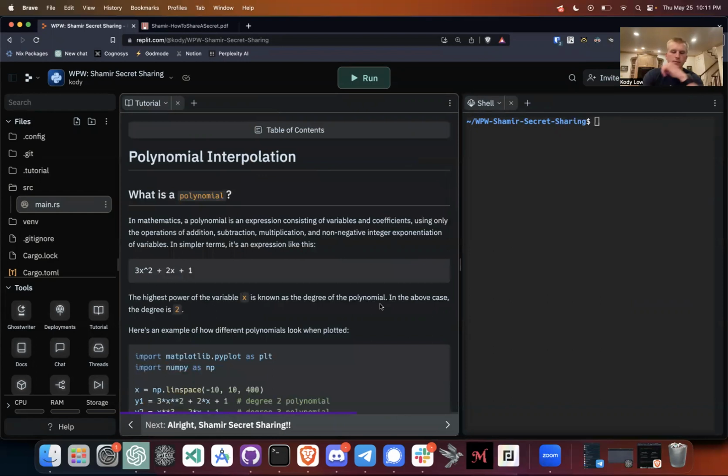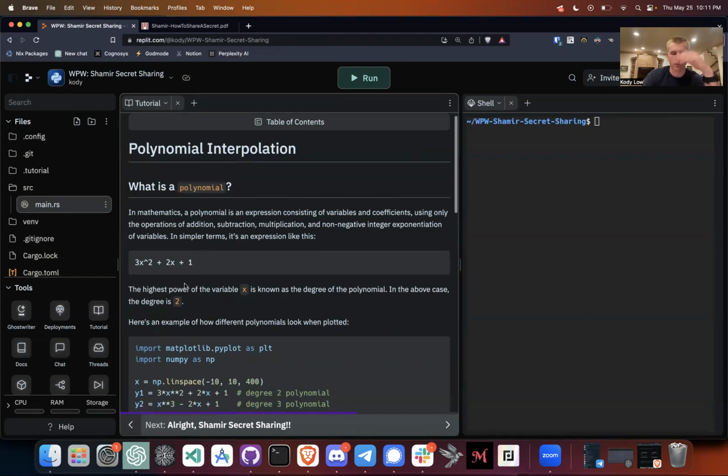And so now we arrive at the elegant solution. The elegant solution is Shamir secret sharing via polynomial interpolation, right? And so what's polynomial interpolation? A polynomial is just y equals some expression consisting of variables and coefficients. It looks like y equals 3x squared plus 2x plus 1.